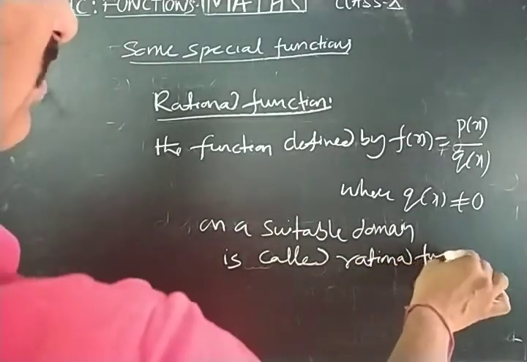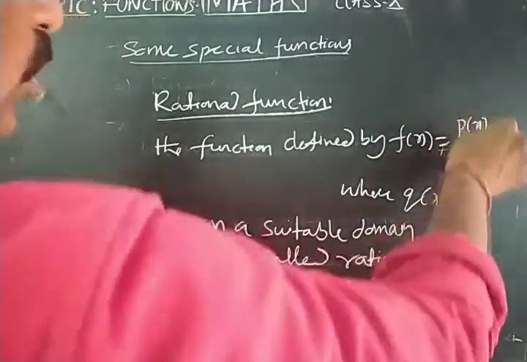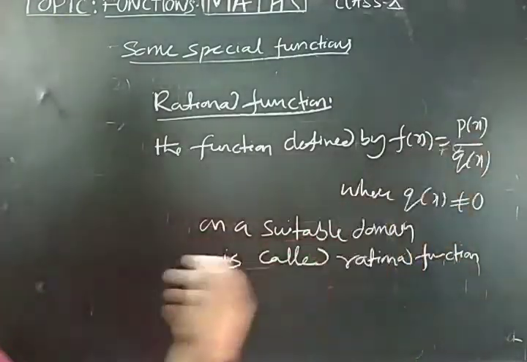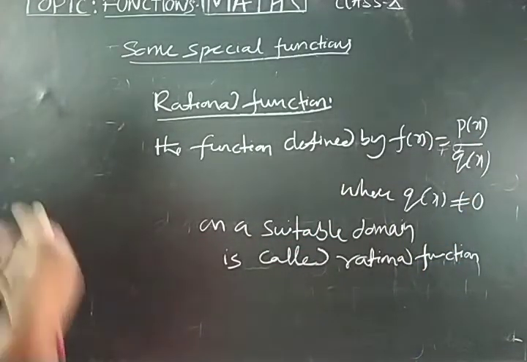In rational function we will have domain and codomain, right? And q of x will not be 0 in the suitable domain. Okay, this type of functions are called rational functions.